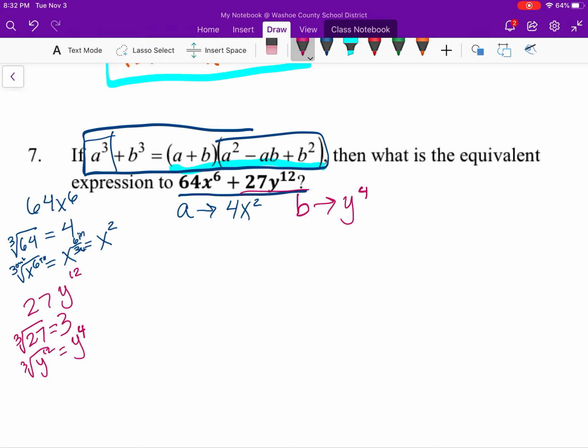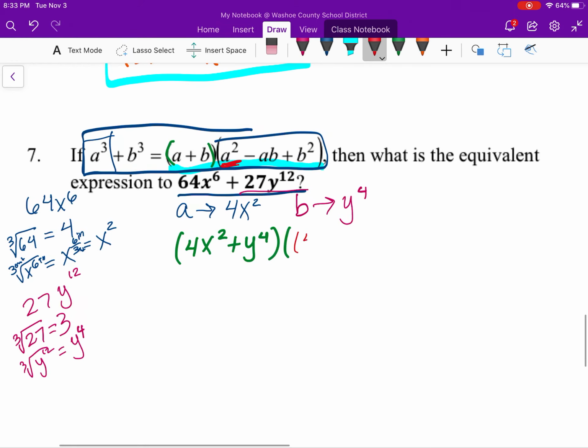So now it's just using my property, which is given to me here, and simplifying. This is going to require a little bit more simplifying than before. So first I'm going to write a plus b. So a is 4x squared plus b is y to the 4th. Okay. And then I'm going to break these up a little bit differently than I did before, just because I want to make sure we don't mess up. So a squared for me is going to be 4x squared squared.